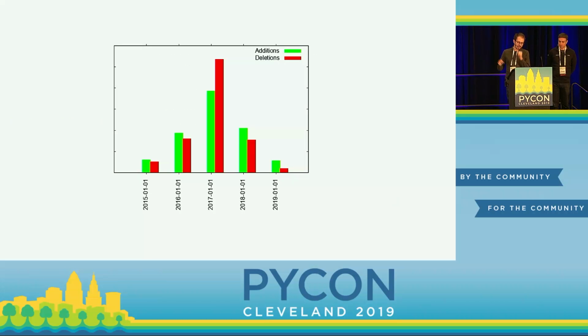So that's the graph. It's a histogram of, not a number of commits, but additions and deletions of code that touch Python 2 and 3 across the last 5 years. You can see the 2 exploratory attempts in 15 and 16, which is really Hack Week.